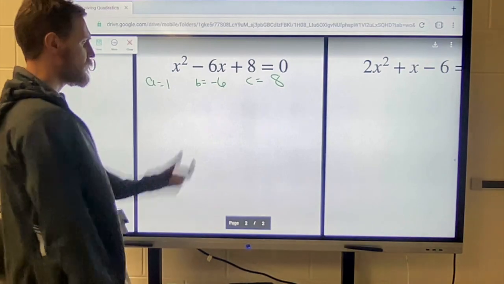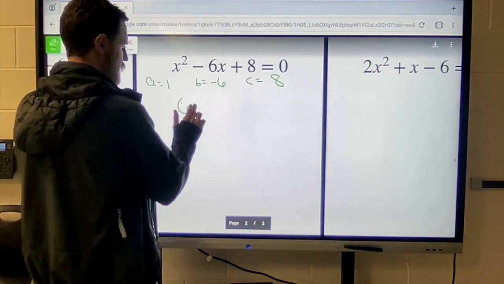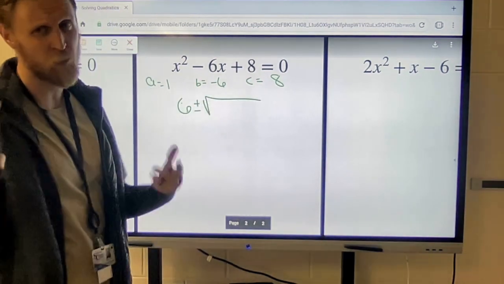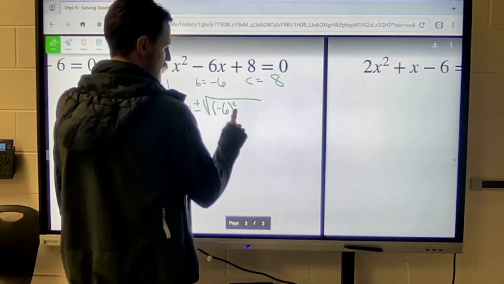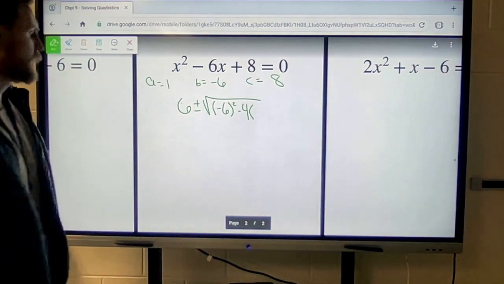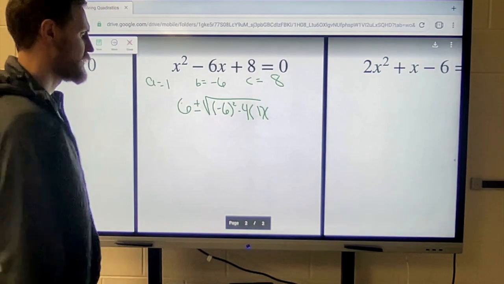So it's the opposite of B, which in this case my B is negative 6, so I'll use positive 6, plus or minus the square root of B squared. This is where you want to be careful to put it in parentheses. Minus 4 times the A value, well that's 1, times the C value, in this case 8.